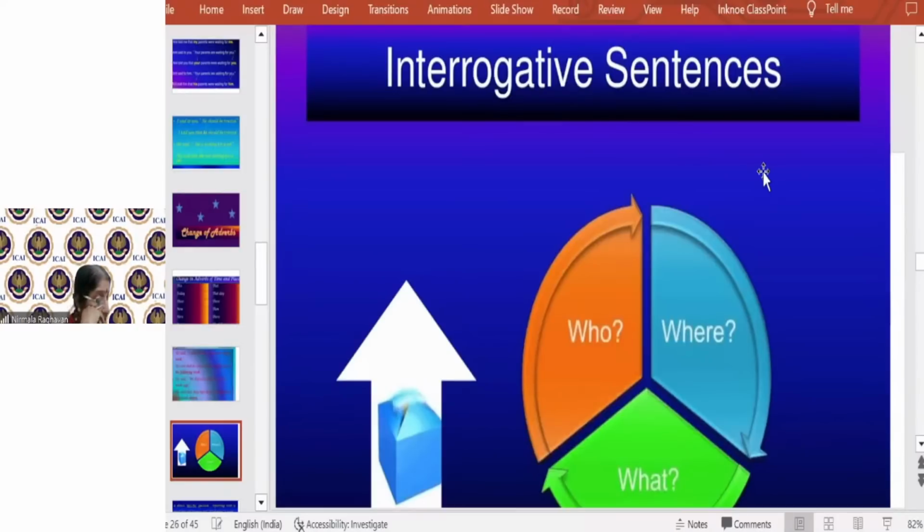Wait, I'm looking at your answers because I want to know whether you're able to understand how to change to reported speech, and what kind of reporting verbs you can use when you're changing. Quick.